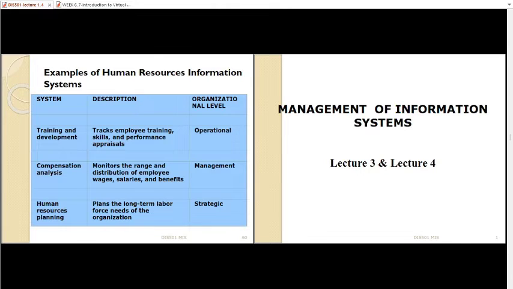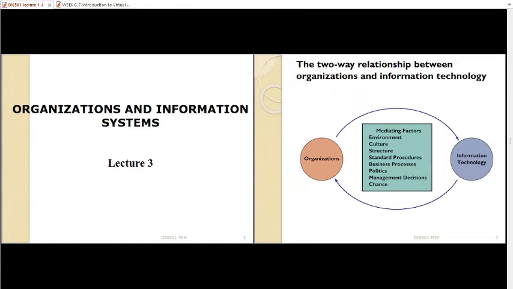Now again, if you look at management information systems, organizations and IS, we have a two-way relationship between organizations and information technology. We were looking at the organization vis-a-vis the information technology.